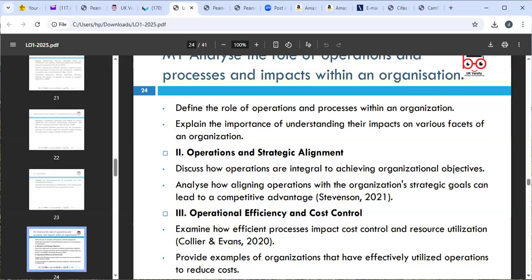Now, every organization may have goals, and some may have missions and visions. We need to ensure that our mission fits into our collective vision. There should be strategic goals. Strategic goals can lead to a competitive advantage.